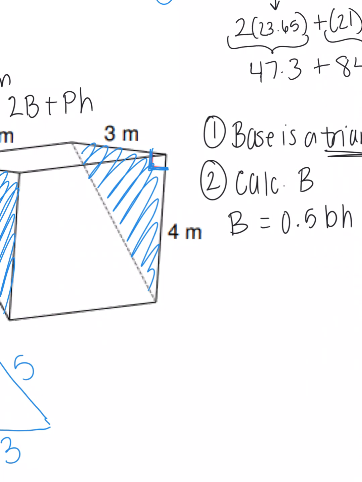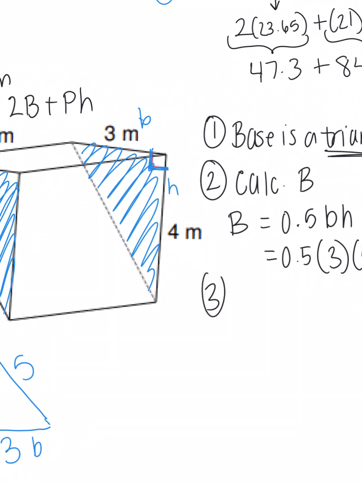So the base is here and the height is here, which you can see here and here in the actual shape. So the area of that triangle is 0.5 times 3 times 4, which gives me 6 if I put that into a calculator. So there is the area of my base.